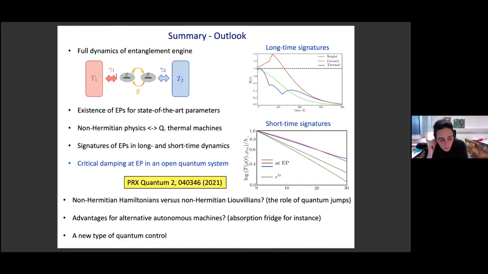And what, in my opinion, could also be interesting is that you have different orders of EP. The larger your system is, the larger the chance you will have high order exceptional points. And so one question is, are there different signatures for different orders of EP? And I think this has also not yet been really understood in classical systems.